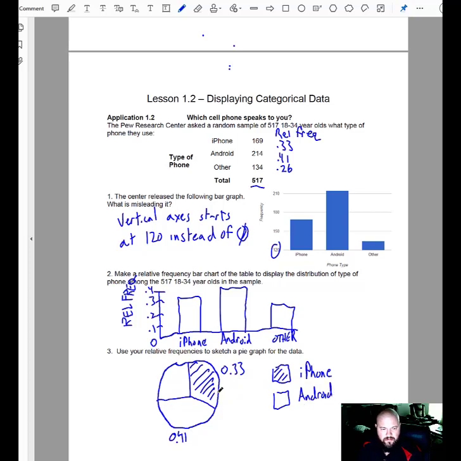And then we'll just put dots in this last one. Alright, and we'll say that that one is going to be our other. And we'll say that was what, 0.26.